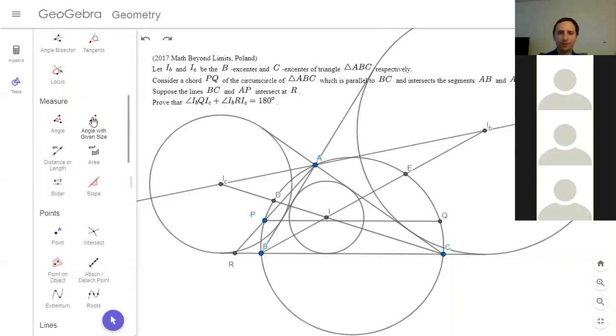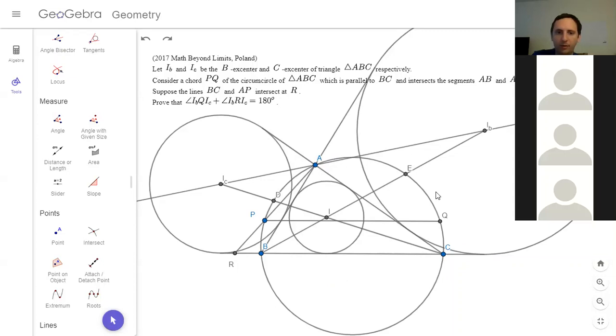Yeah, this question feels so random. It looks hard to me. So D is the circumcenter of this cyclic quadrilateral, and E is the circumcenter of this.